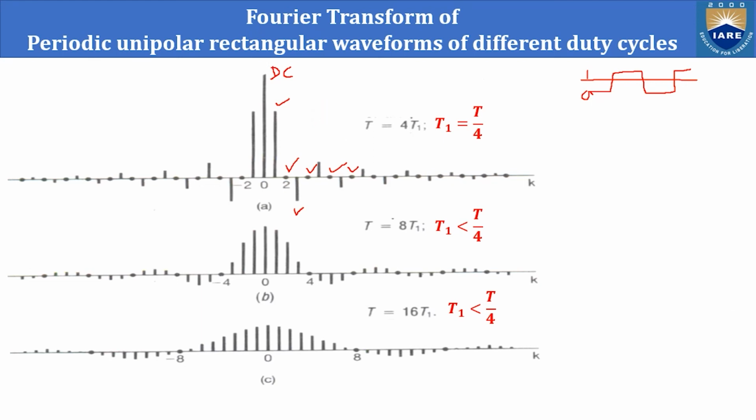In this one what you can see is odd harmonics: the Fourier coefficients at odd harmonics change polarity alternately. If you take this as the first coefficient and this as the third coefficient, first harmonic is here, third harmonic is here, fifth harmonic is here, seventh harmonic is here.